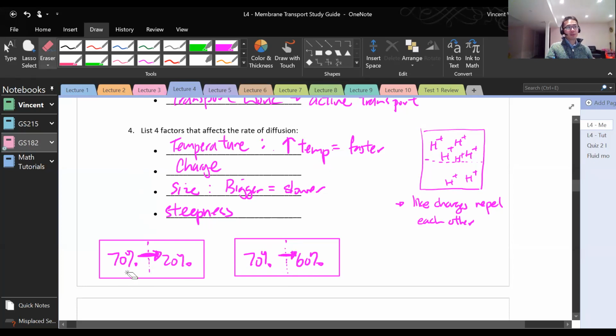But if the difference is greater, between 70% and 20%, this will have faster diffusion. Over here, it will be slower because the difference is less. So this difference is what we call a concentration gradient. The greater the difference, the steeper the concentration gradient, and then the faster the diffusion will take place.